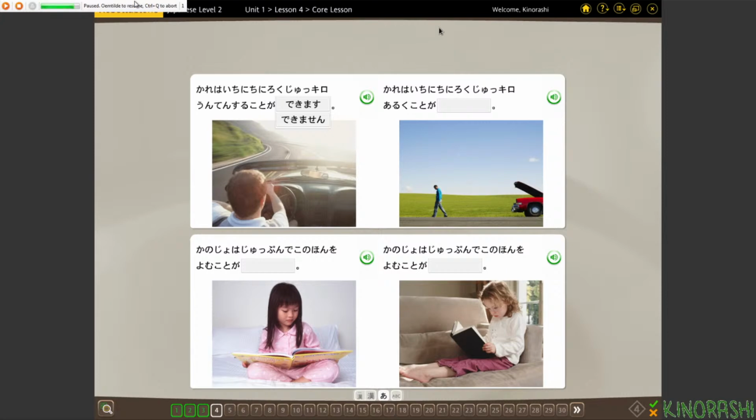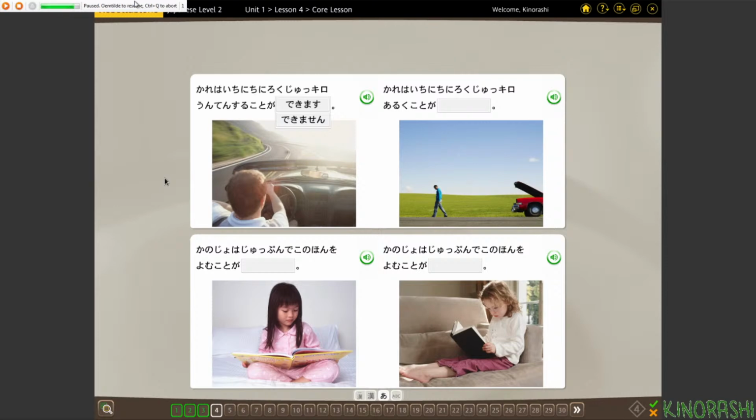Ni particle, let's look that up. It is a lot like the word to in English, but it can also mark a location such as on or in. It has many other uses.